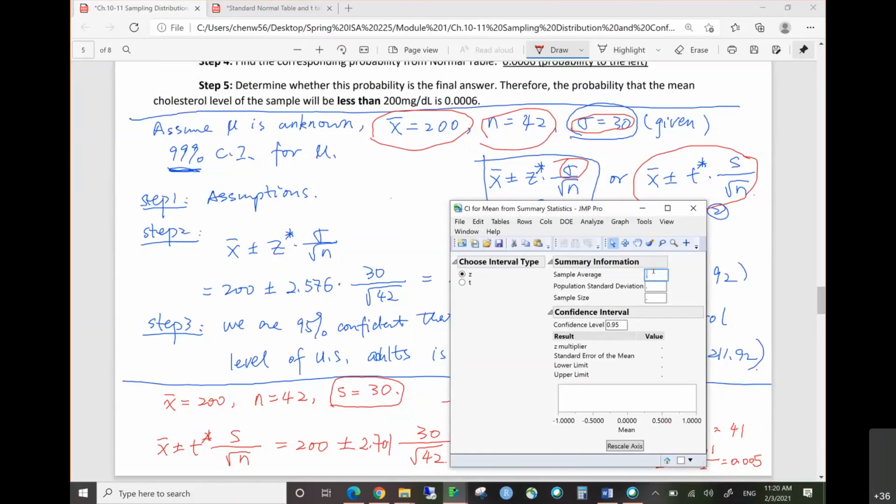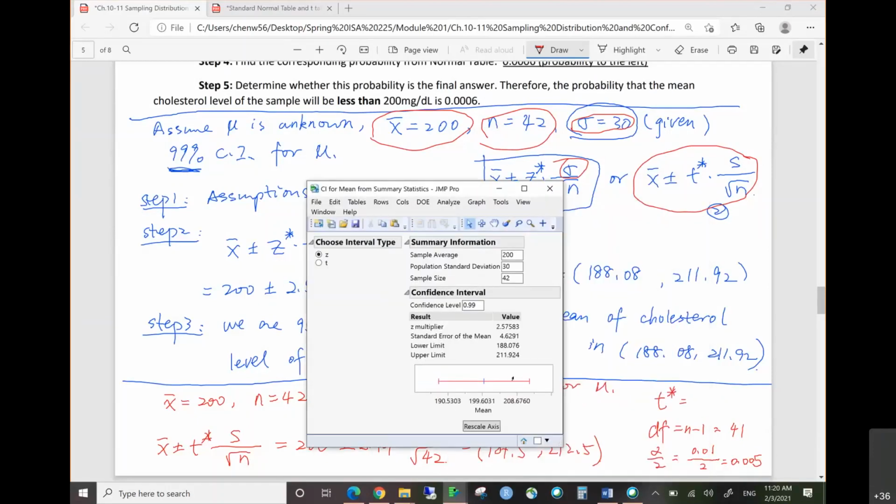So your sample average is 200, population standard deviation 30, sample size 42, and I want 99%, so it would be 0.99. Enter. You will have your confidence interval, which is 188.8 to 211.92, exactly the same.